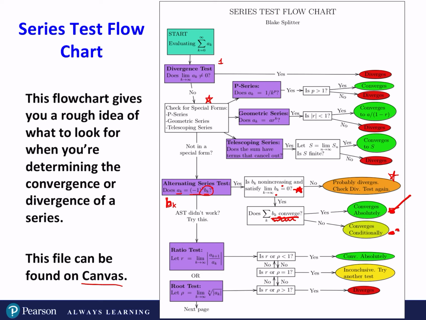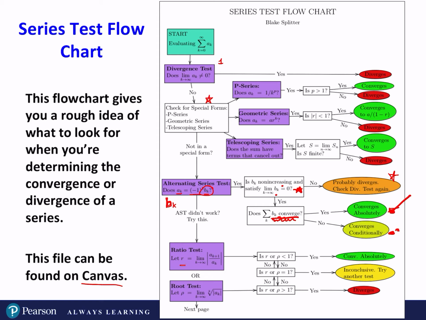The next thing to think about is if it's not an alternating series or that test was inconclusive, we should consider using the ratio or the root tests. So there are no conditions beforehand that we need to check. We just need to use the ratio or root tests. In the ratio test, we define R to be the ratio of the k plus first term divided by the kth term, and we take the limit of the absolute value of that.